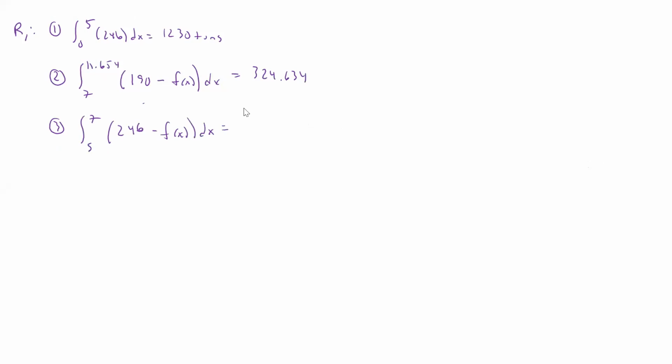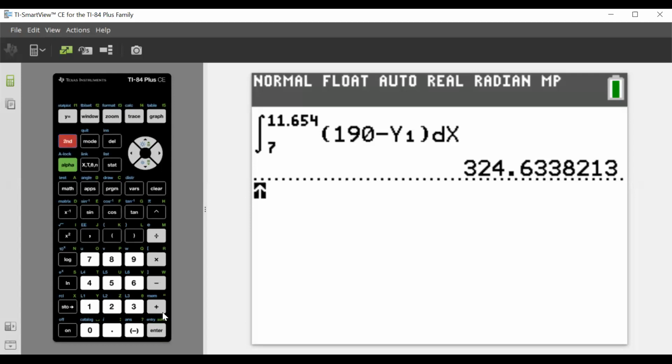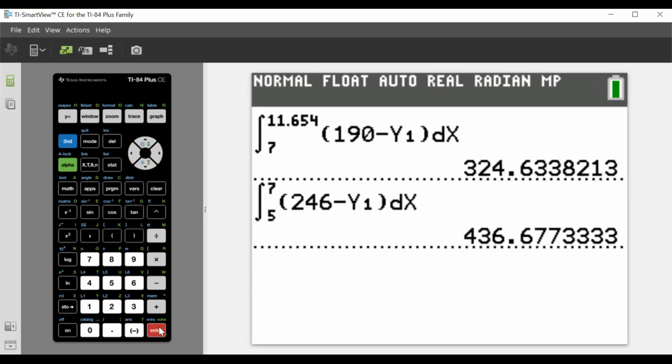And so this piece is going to be, let's do the second integral, and here we're going to go 5 up here to 7, and now instead of 190, it's 246. Oh, forgot the y1, delete. And now we have to add a y1, subtract it off. And so that's 436.677.